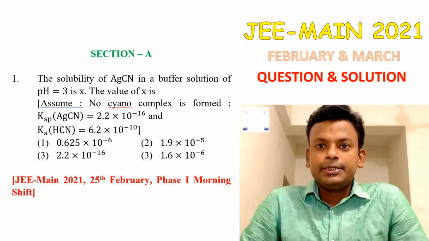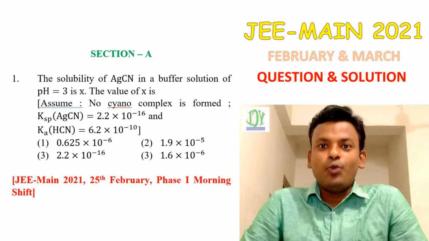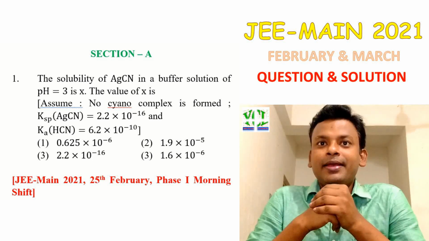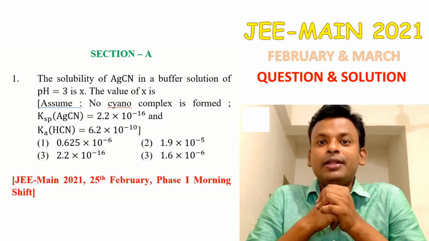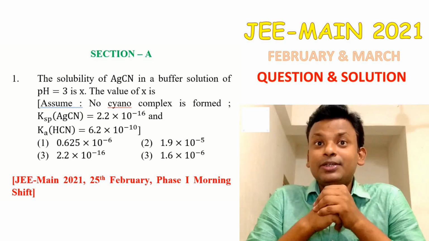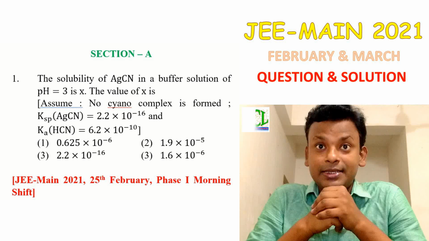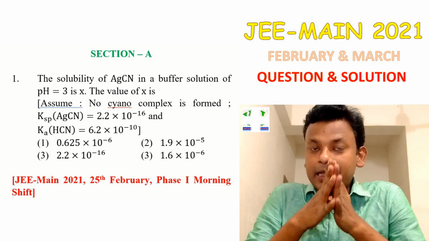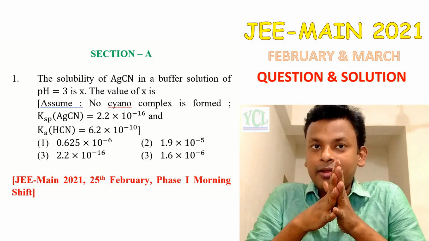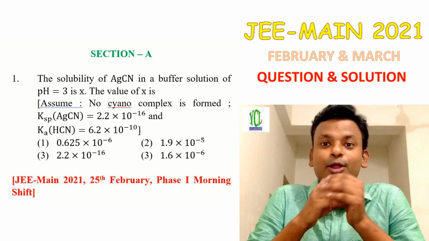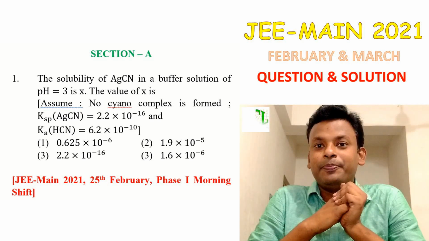So, we are watching the whiteboard. Section A, question number 1. The solubility of AgCN in a buffer solution of pH equals 3 is X. The value of X is... The Ksp of AgCN and the Ka of HCN are given, and options are also given.